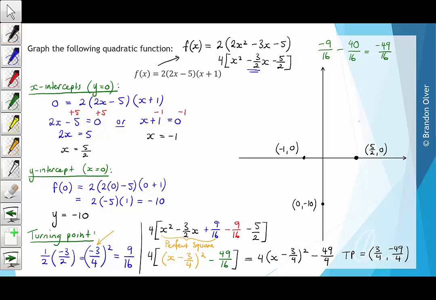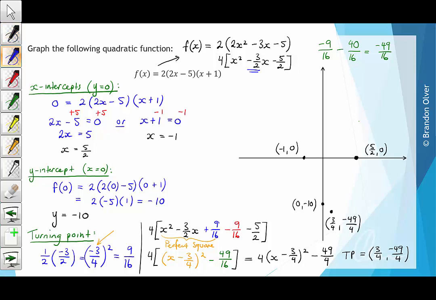And then the turning point is at 3 on 4, and then negative 49 on 4, which is about negative 12.25. So it's going to be somewhere around here. So we're going to have 3 on 4, comma negative 49 on 4.